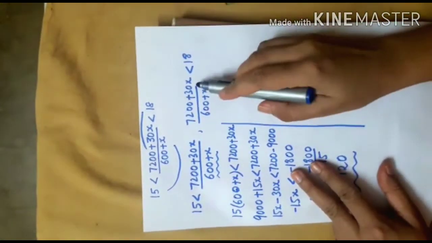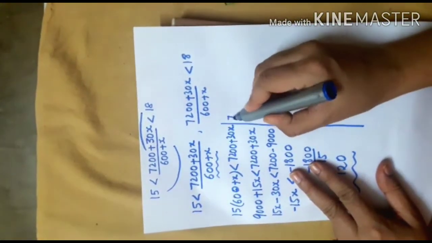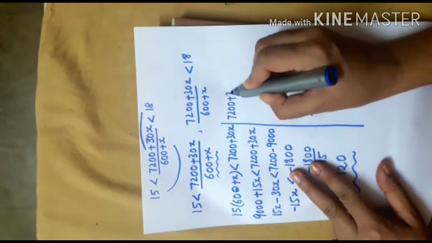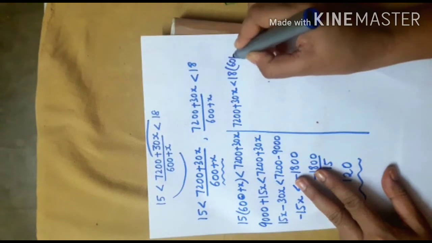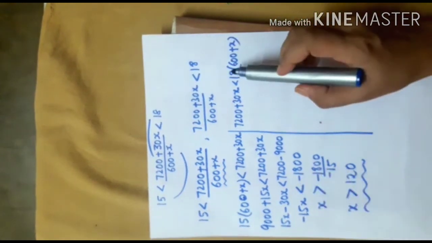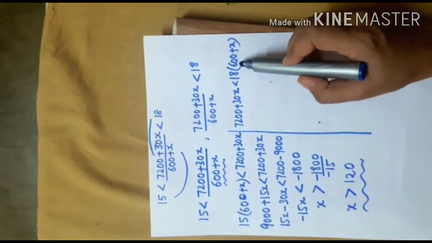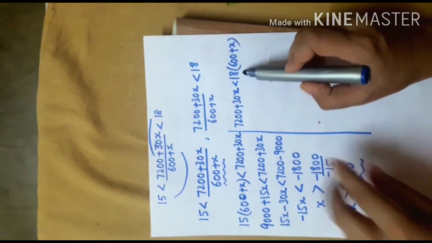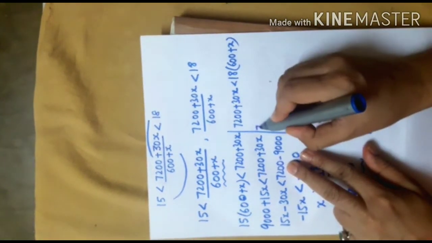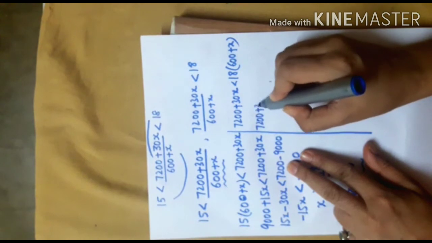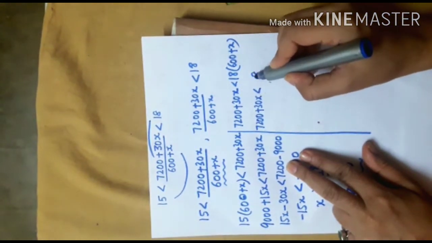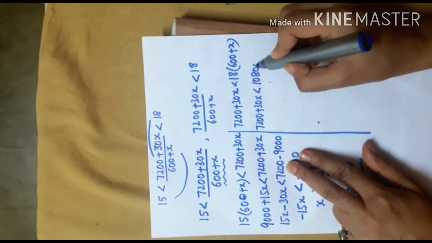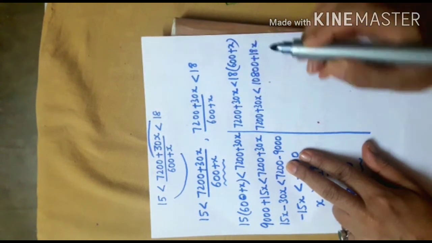Now similarly I'll solve this inequality. So here I'll get 7200 plus 30x less than 18 into 600 plus x. Again I have multiplied with a positive number, so sign of inequality will not change. So I'll get 7200 plus 30x less than 10800 plus 18x.